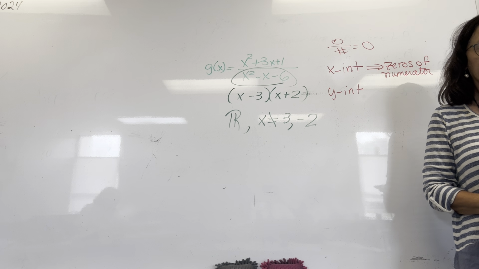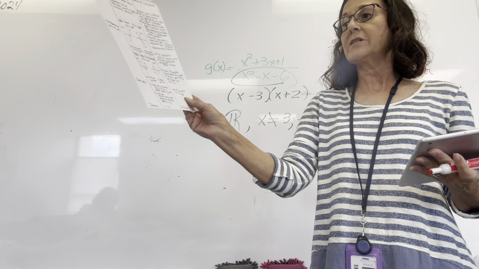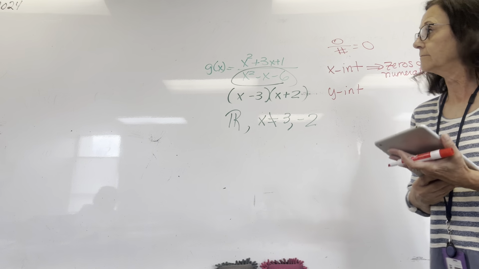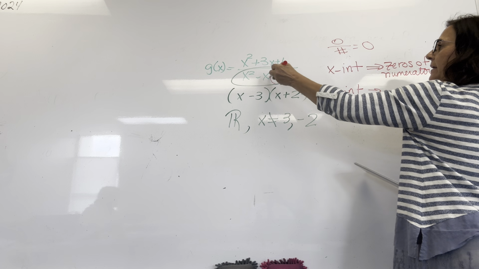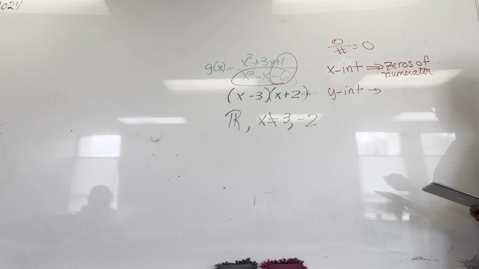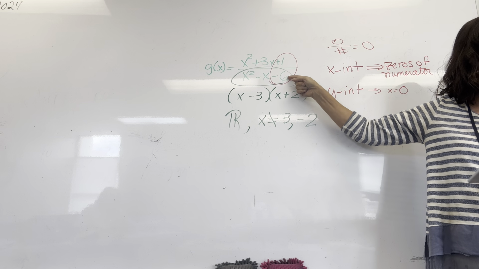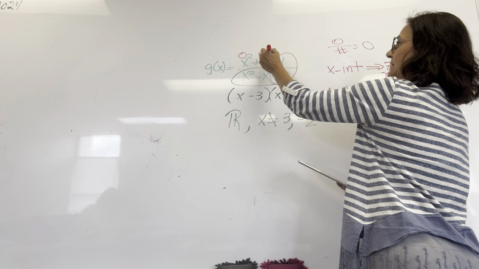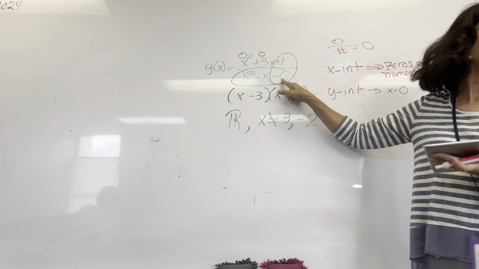Look at the numerator for your x-intercepts. Your y-intercept is going to be when x equals 0. So looking back at this one, it's just your constant in the numerator over the constant in your denominator, because when x is 0, that's 0 plus 0 plus 1 over 0 plus 0 minus 6.